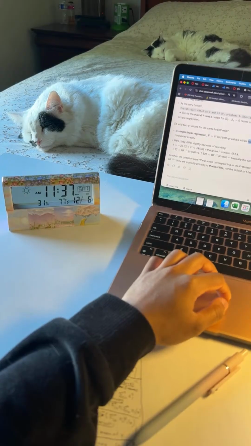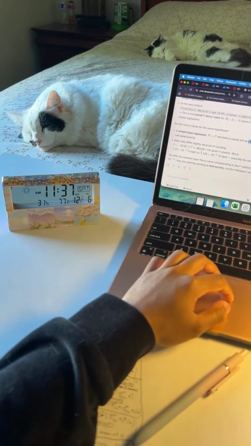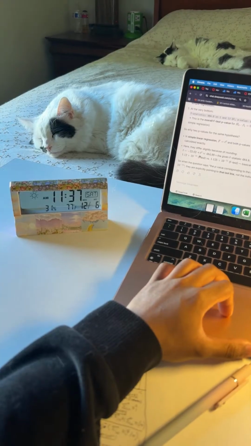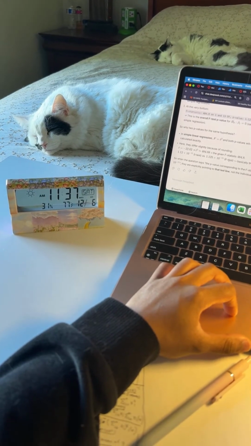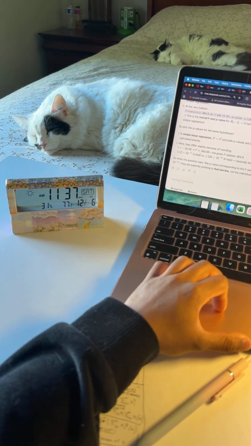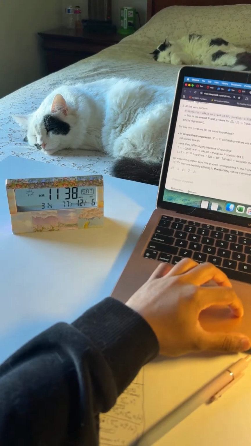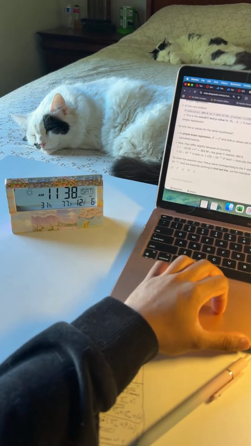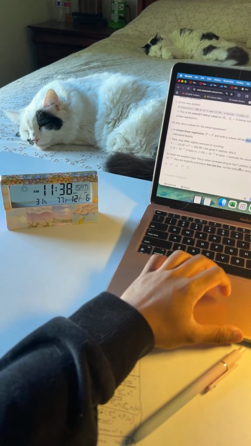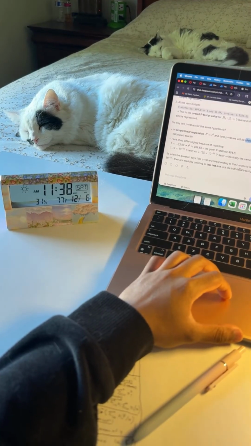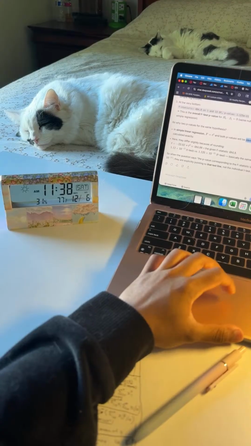Okay. Not the individual t-test p-value.